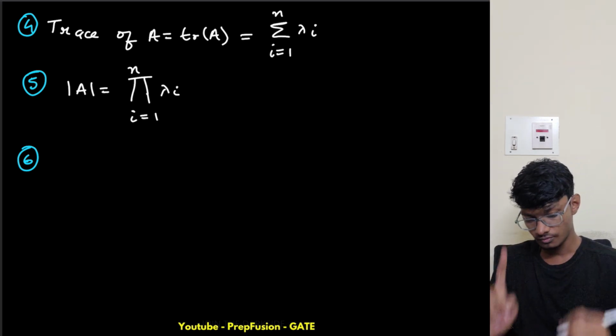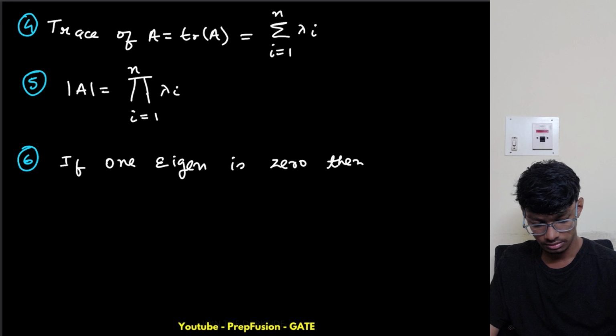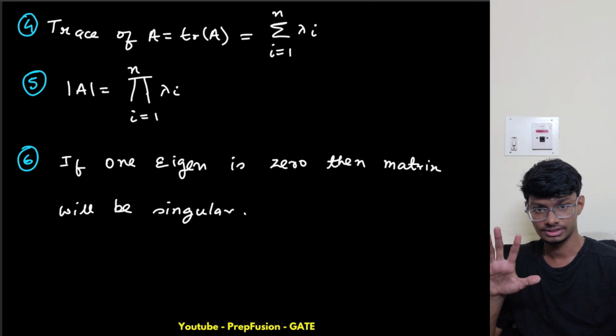So if one eigenvalue is 0, then the matrix will be singular. Okay. Now why is this the case?